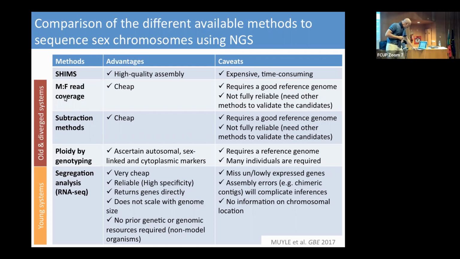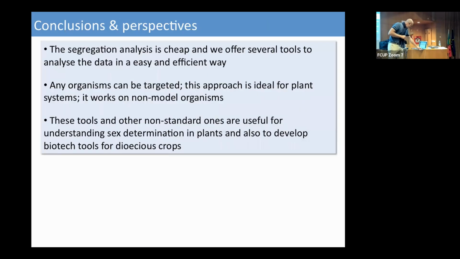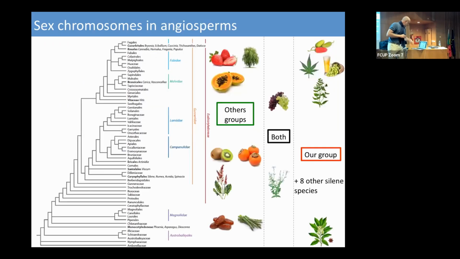If you work on a system that is old and very diverged, you should go for these other methods. And if you don't know, and for many organisms we don't know, you should combine those methods. Okay, so these methods have been really useful in plants.